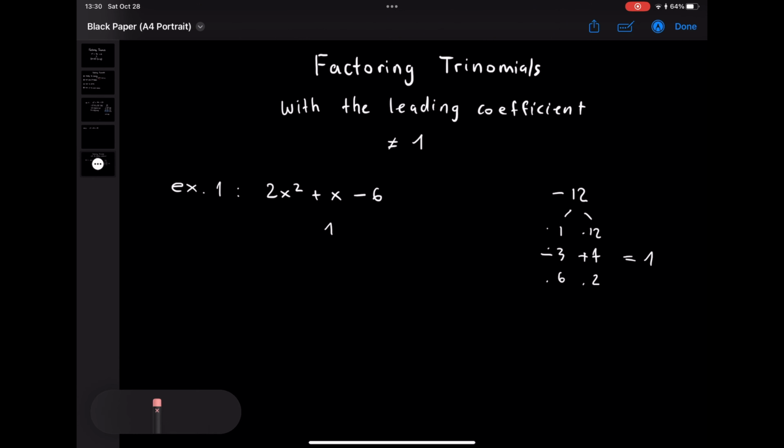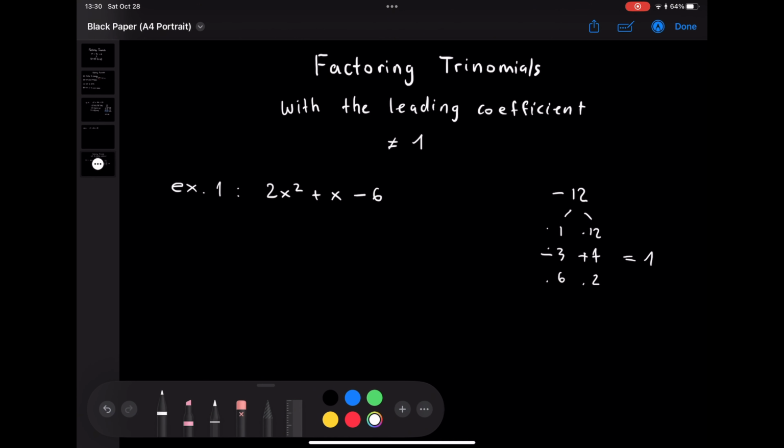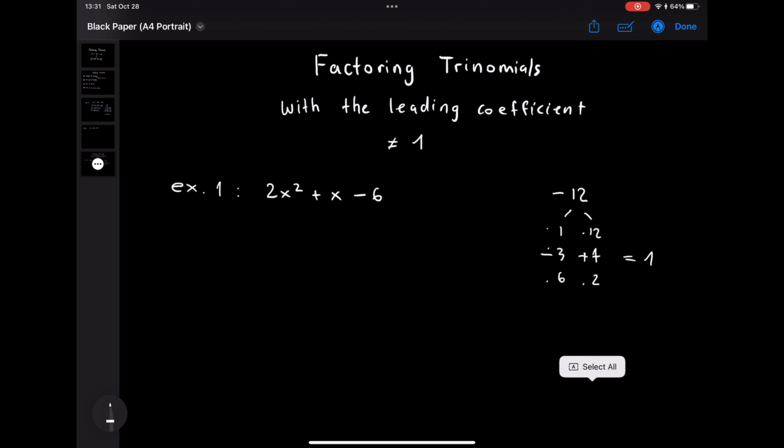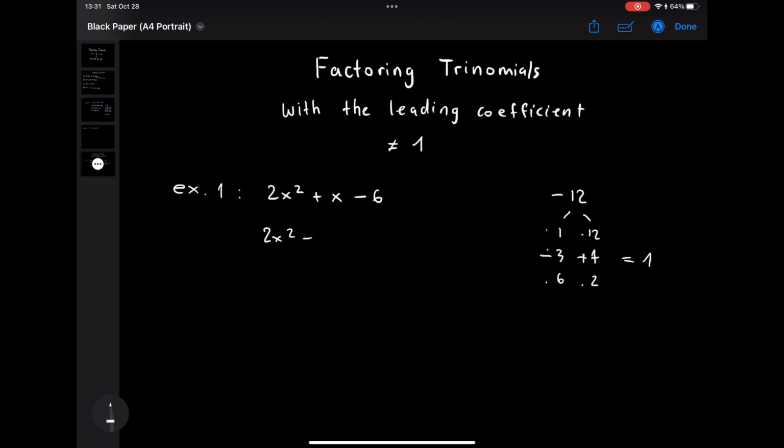So now we can break up this trinomial again, just like last time, into 2x squared -3x plus 4x -6. And now we just look at what these two binomials have in common.